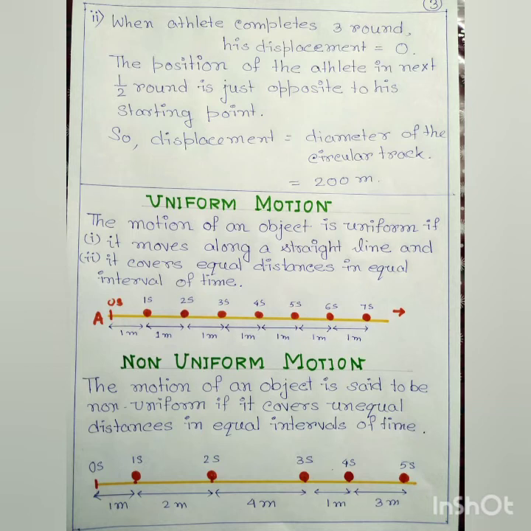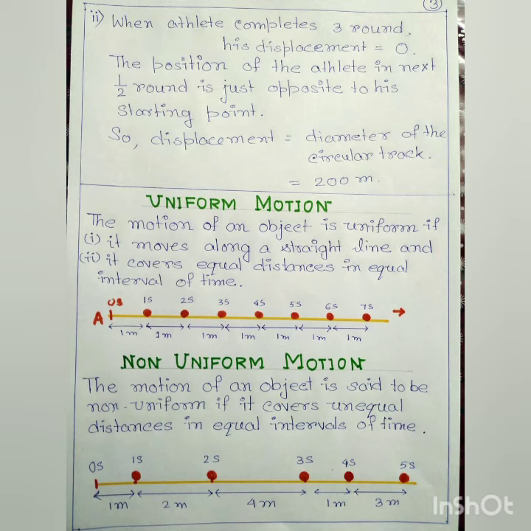See the picture clearly. Here the object is initially at A, means at the starting moment it is at A. Now it is moving along east. After 1 second it travels 1 meter.